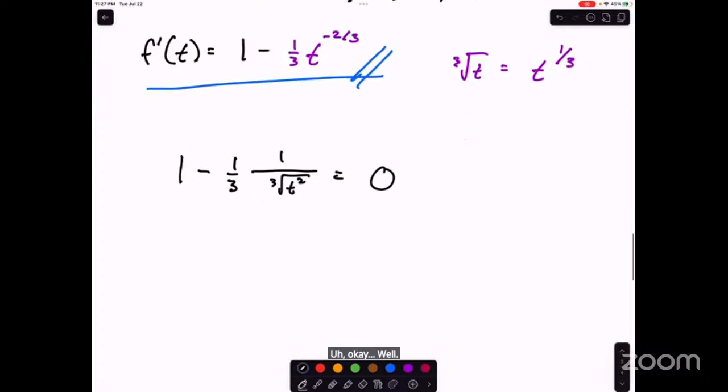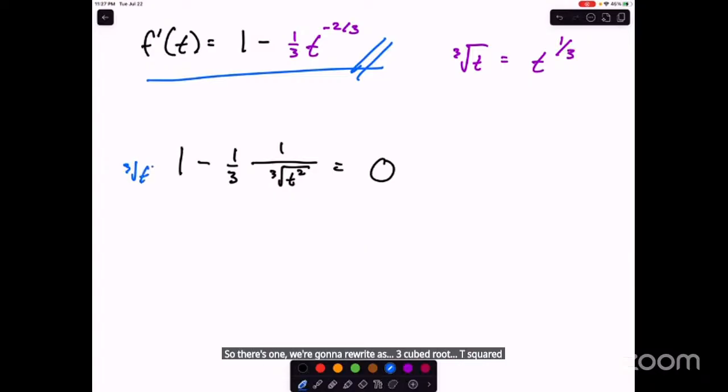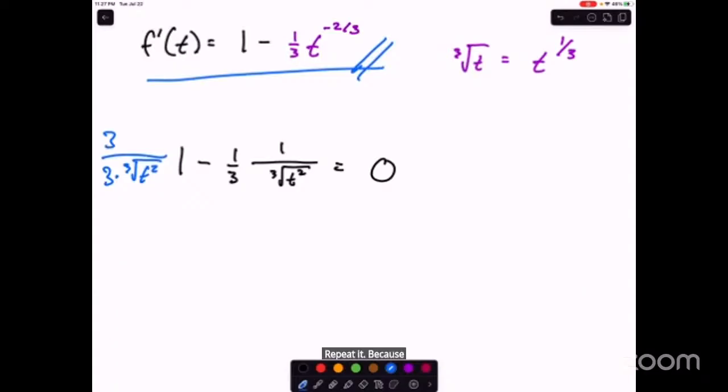Well, if we got a common denominator, it would be 3 times the cube root of t squared. So this 1 we're going to rewrite as 3 cube root t squared over 3 cube root t squared.